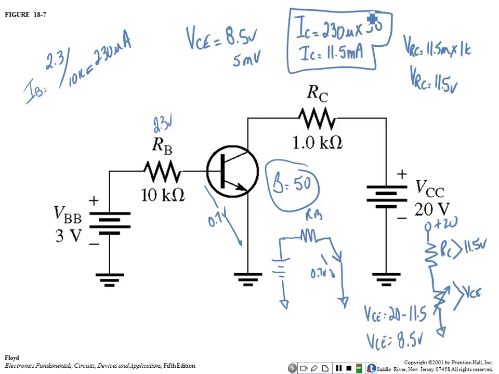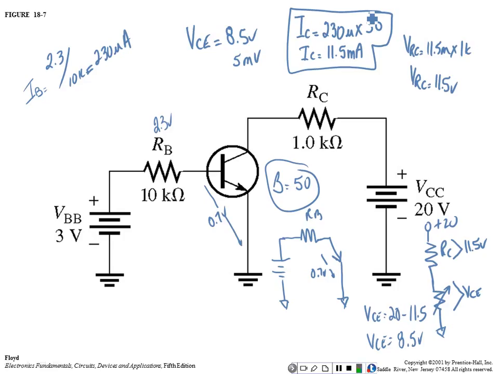That's right, because it's a series circuit, right? We know the transistor is forward biased because we have a positive on the base. The negative is pointing toward the emitter, and we know we have a big voltage on the collector, right?